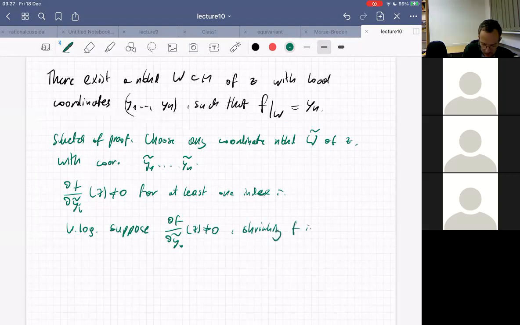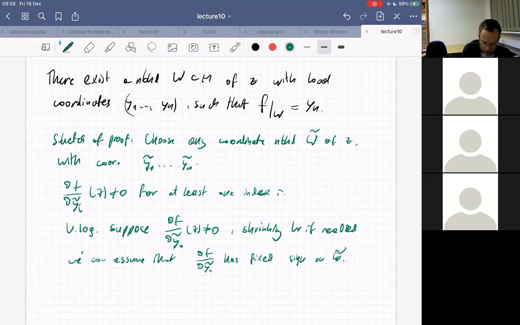Shrinking w if needed, we can assume that df over dy n has fixed sign on w, and now we define psi to be (y1, ..., yn-1, yn).